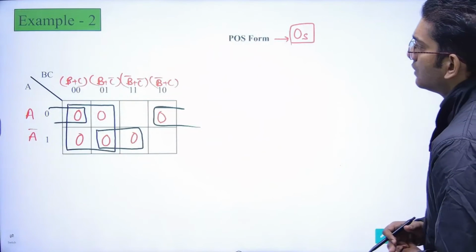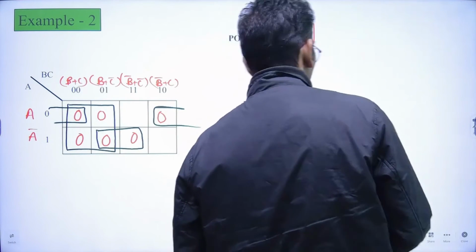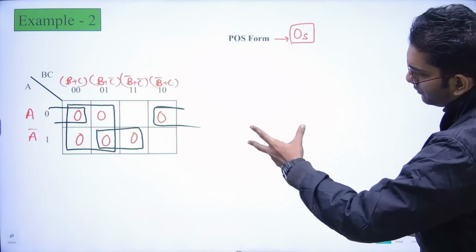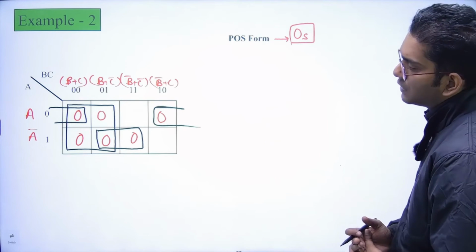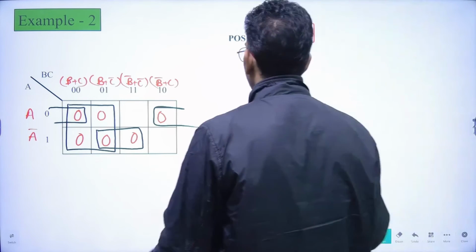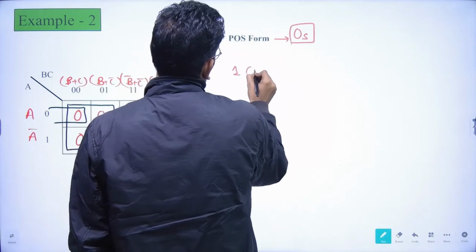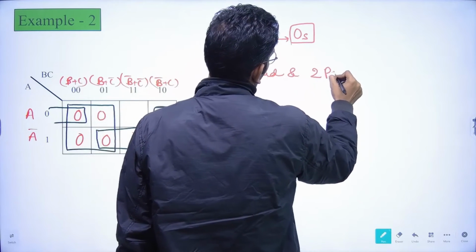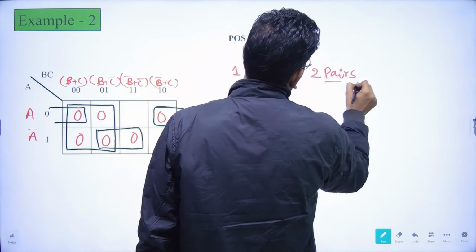Now, what pairing have we done? We have got one quad and two pairs.